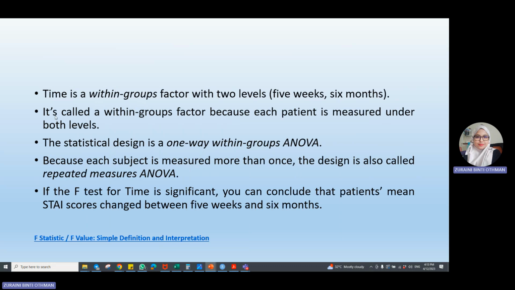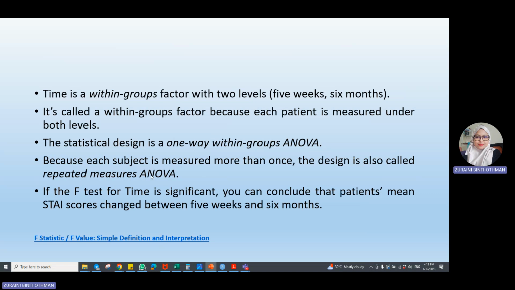Time is a within-group factor with two levels, 5 weeks and 6 months. It's called a within-group factor because each patient is measured under both levels. The statistical design is one-way within-group ANOVA. Because each subject is measured more than once, the design is also called repeated measures ANOVA.